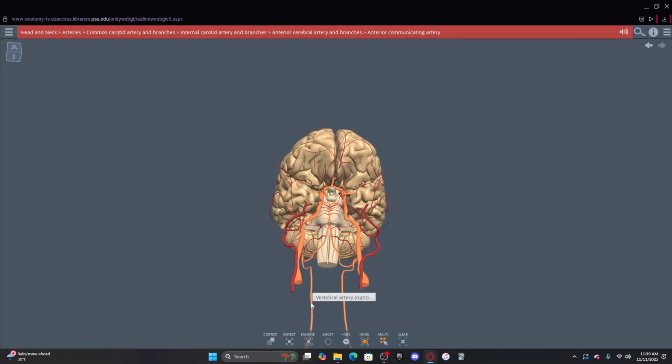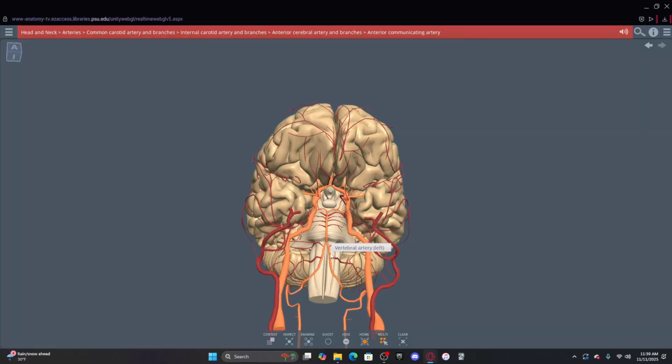So again, we go from our right and our left vertebral arteries. Our vertebral arteries converge to form our basilar artery, and then our basilar artery diverges to form the right and the left posterior cerebral artery. So right and left posterior cerebral.